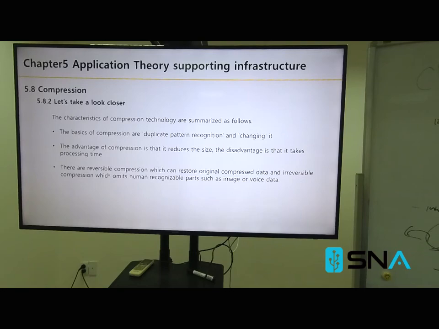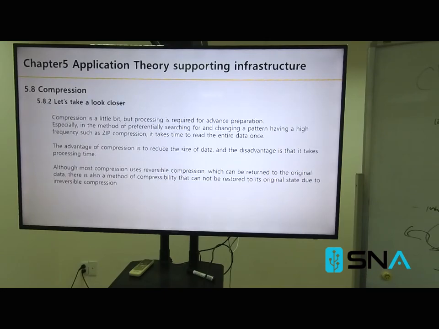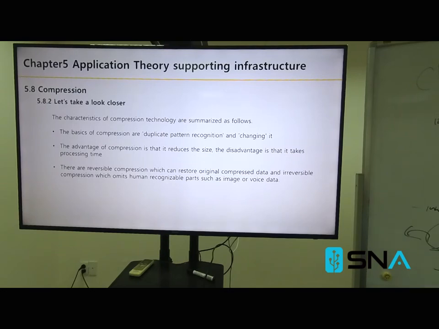The disadvantage is that it takes processing time. Anyway, there is reversible compression, which can restore the original data, and irreversible compression, which cannot go back.